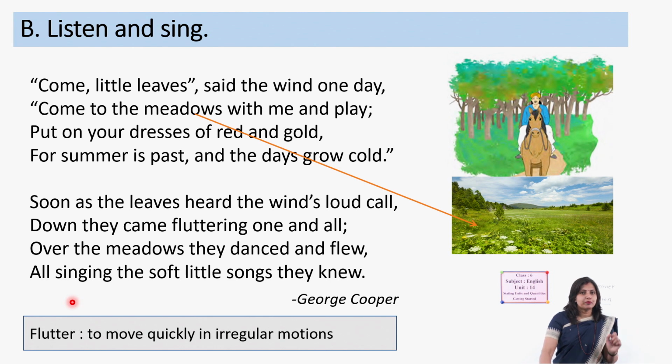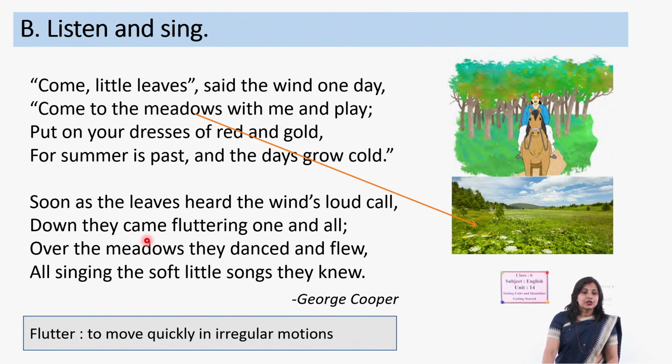Let us read once more. Okay, repeat after me. Come little leaves with the wind one day, come to the meadows with me and play. Put on your dresses of red and gold, for summer is past and the days grow cold.